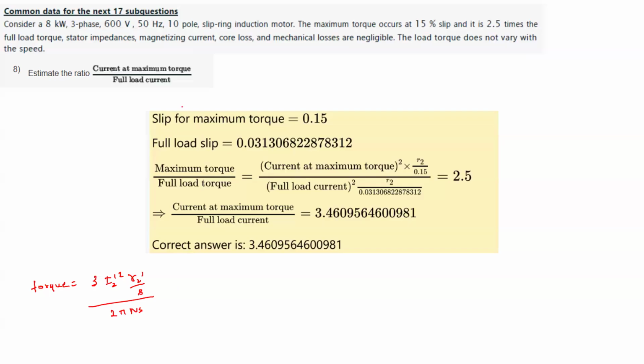Now here we have to take the two values of current, corresponding to maximum torque and full load torque.